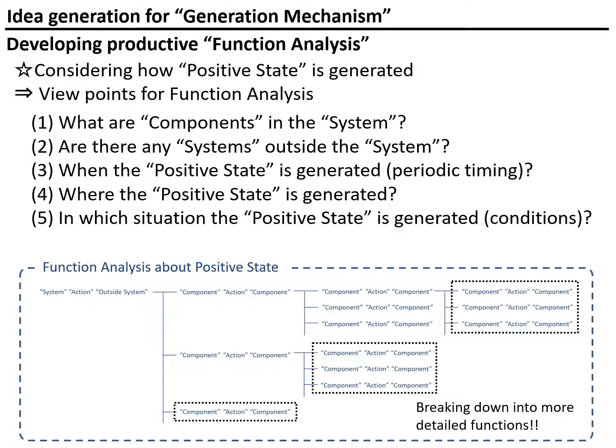And when the positive state is generated, it may be periodic timing, so which timing? You may notice that something else may be happening at other timing, and also where the positive state is generated and in which situation the positive state is generated. Actually, you need to think about what kind of conditions.